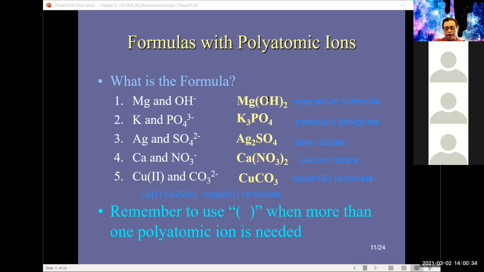H2O2. Or they would put any number of subscripts in the polyatomic ion atoms. Don't do that. Again, I can't overemphasize that polyatomic ions are units. They're a group. You keep them together. If you need more than one, you use the parentheses and put the subscript on the parentheses.